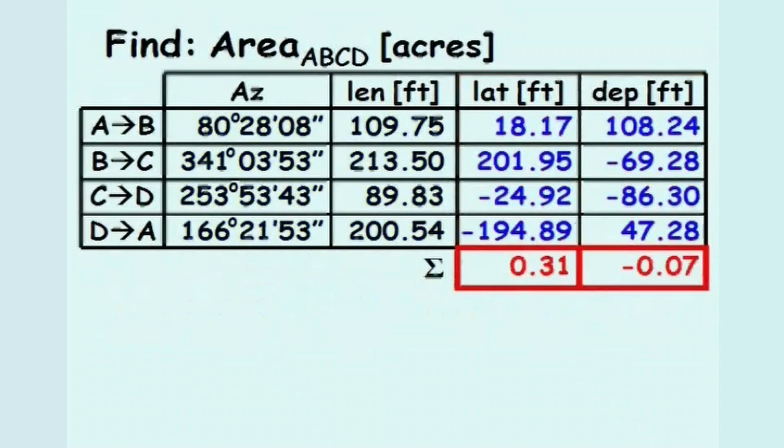As it turns out, the sums of the latitudes and departures are 0.31 feet too far north and 0.07 feet too far west.